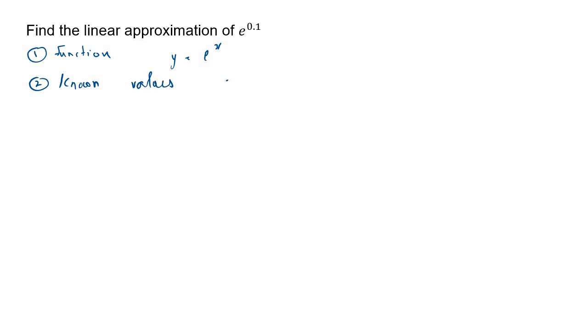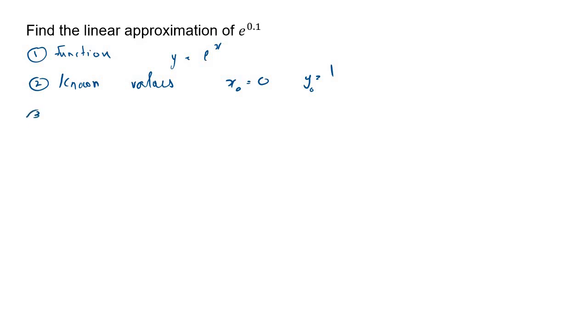So we know when x is equal to 0, we call that x0. We know e to the power 0 is equal to 1. So we know the values of x0, y0: it's 0 and 1.